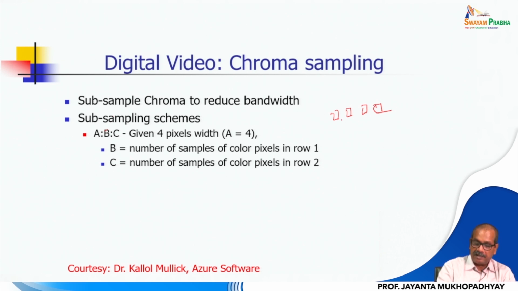So suppose there are row 1 and row 2. You have to take 2 consecutive rows. So this is the total number of pixels, say 8 we are taking, and then B is the number of samples. If B is 2, suppose I am giving 4 to 2 to 1, what we will do is consider that these 2 have the chroma information, both Cr and Cb information available there.